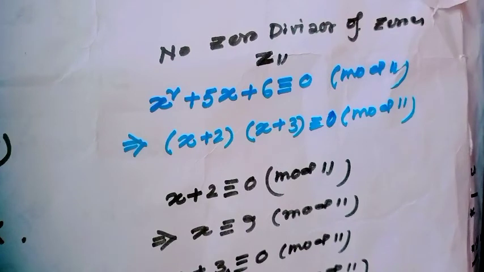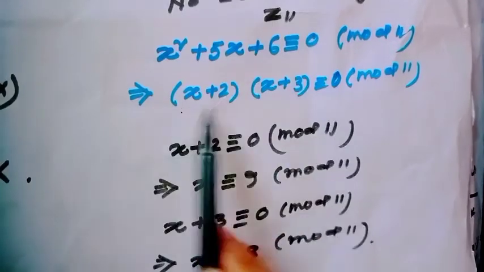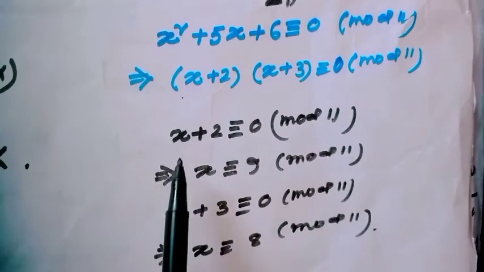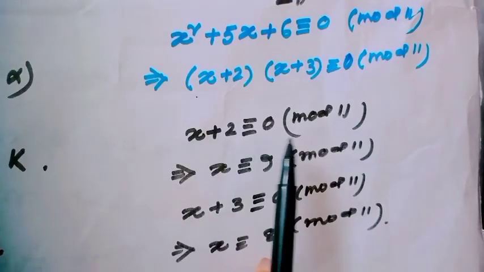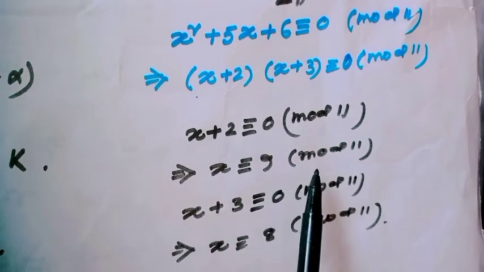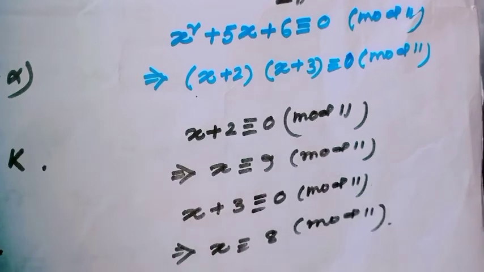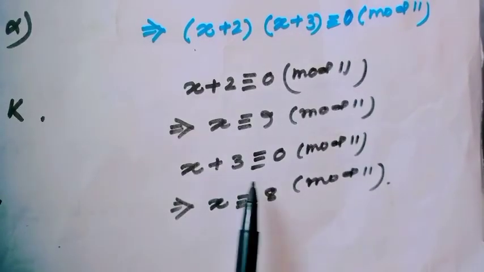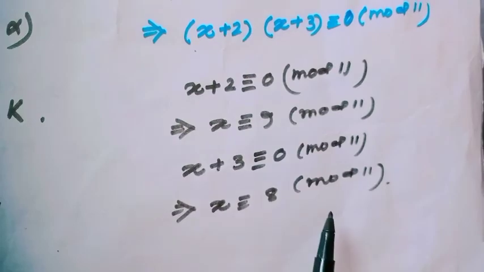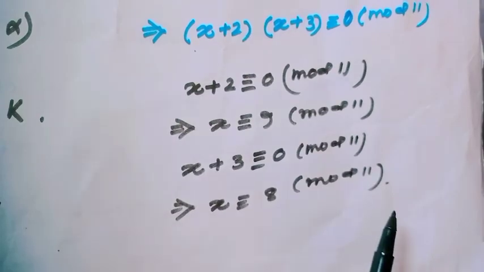So the product of two terms equal to 0 here means either x plus 2 congruent to 0 in mod 11, which implies x equal to 9 is a solution in mod 11. Similarly, x plus 3 congruent to 0 in mod 11 implies x congruent to 8 is a solution in mod 11.